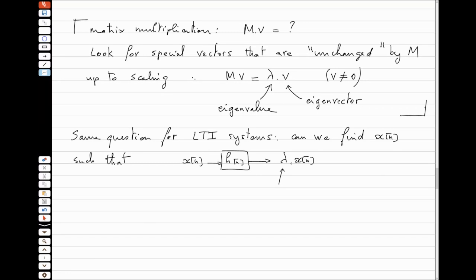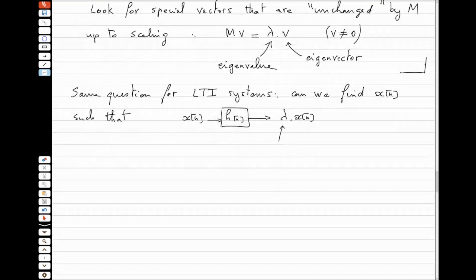So in that sense, this chapter is the most important chapter, I would say, of EE306. But can we find them? Can we find these eigenvectors? We're going to start slowly. We're going to start with the delay element.